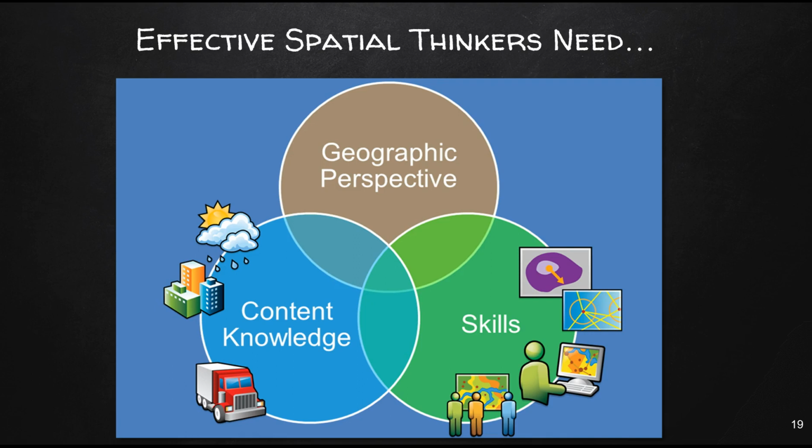And this process often leads to additional questions, which in turn leads to additional gathering, analyzing, assessing, and decision making. So it's a problem-based approach and is similar to the scientific method. And we're going to go into detail later on in this semester about geographic inquiry. So spatial thinkers need to have a skill set within these three spheres here.